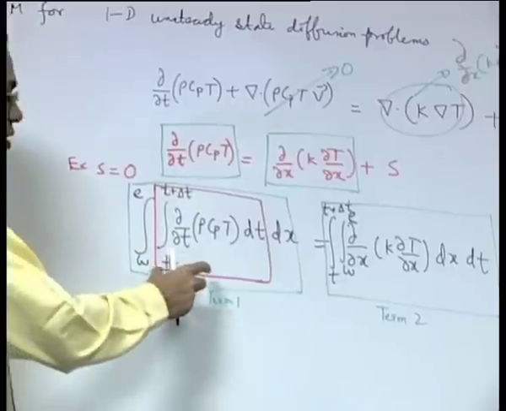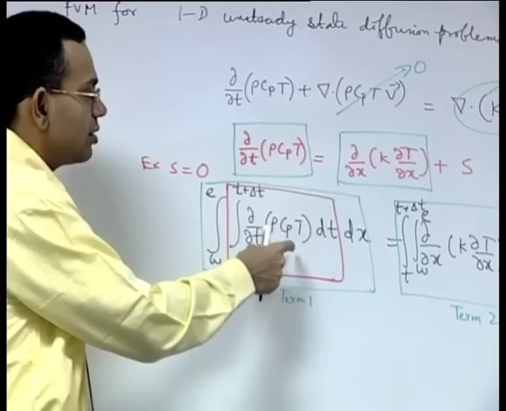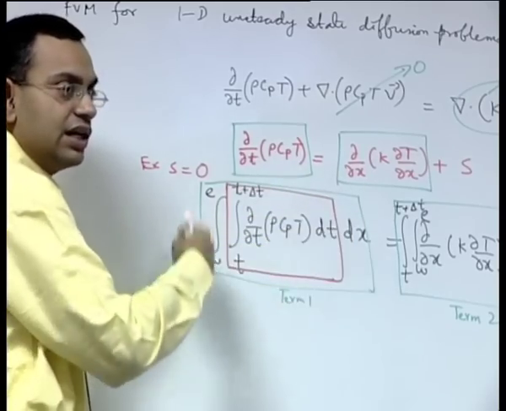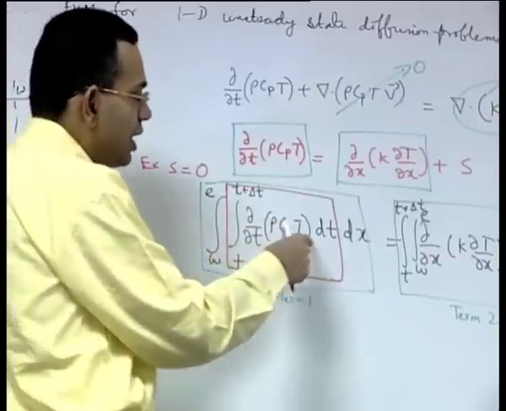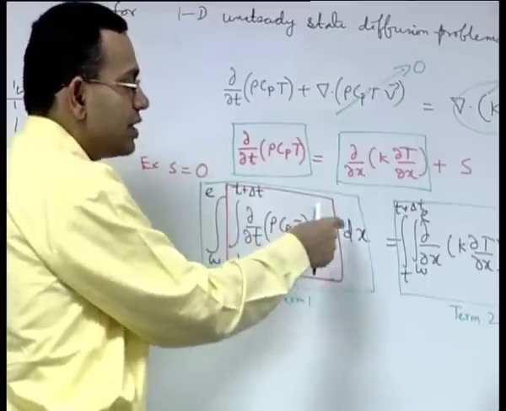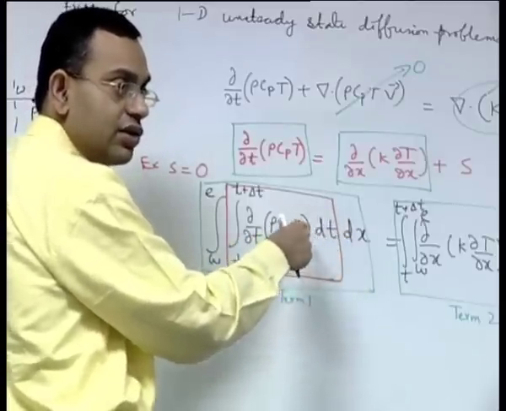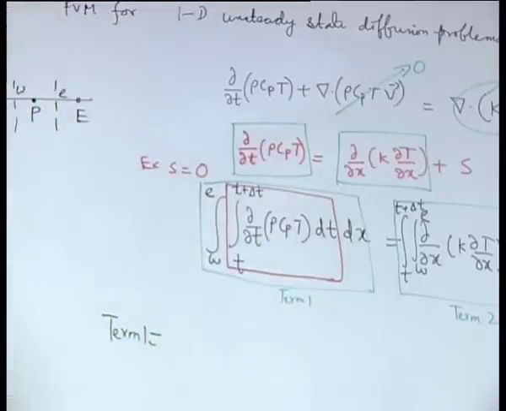First we calculate the integral in this red box and then calculate the remaining integral which is there in the green box. So, when we first calculate the integral in the red box, we consider the time to be a variable keeping the space coordinate unaltered, that is called as partial integration, just like opposite of partial differentiation.